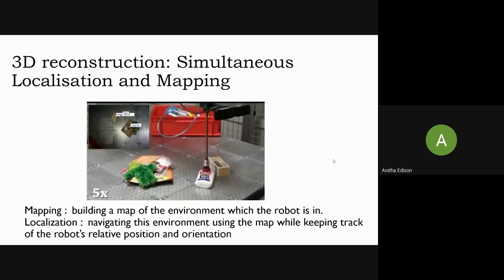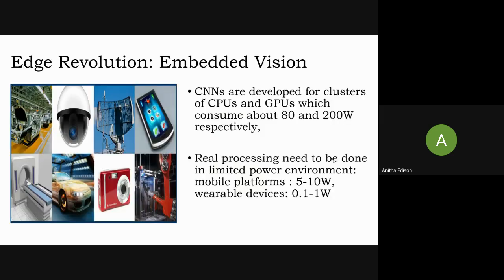Another 3D reconstruction area is simultaneous localization and mapping, called SLAM. A robot navigates a particular environment and builds a map of that environment. That is what is called SLAM.